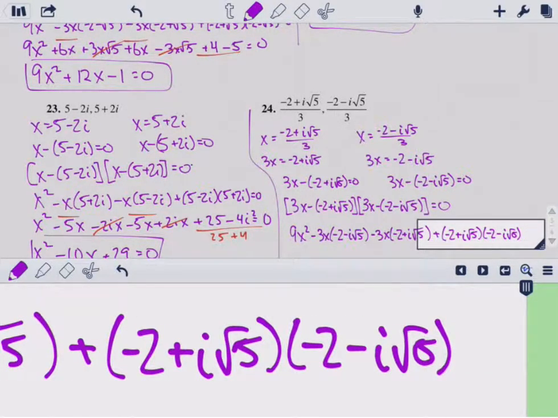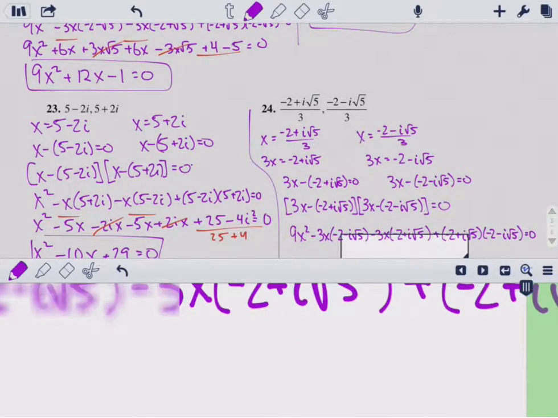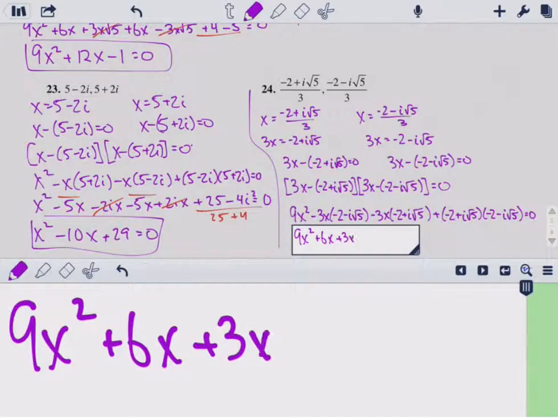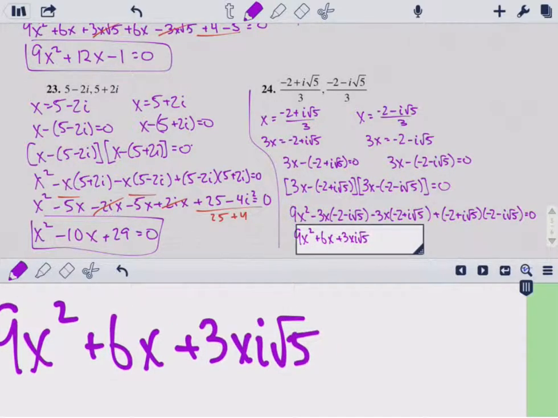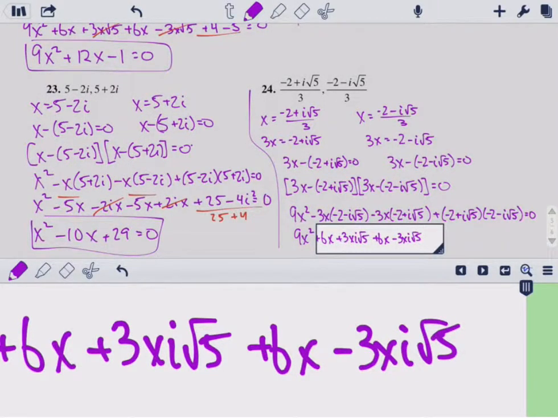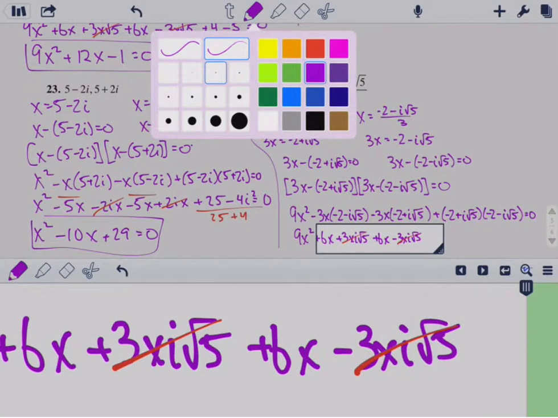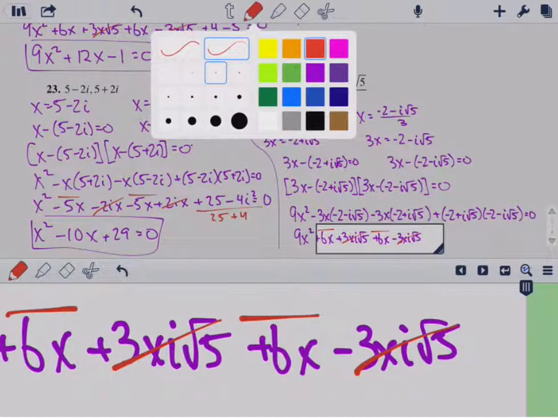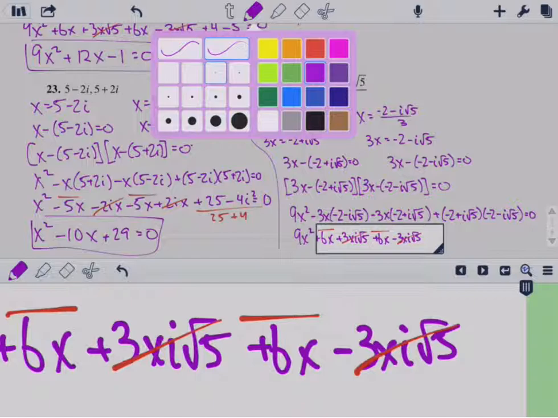And that whole thing equals 0. Distribute: 9x squared plus 6x plus 3xi root 5 plus 6x minus 3xi root 5. Note, that'll cancel with that. Also, that will combine with that. Okay, FOIL the last bit.